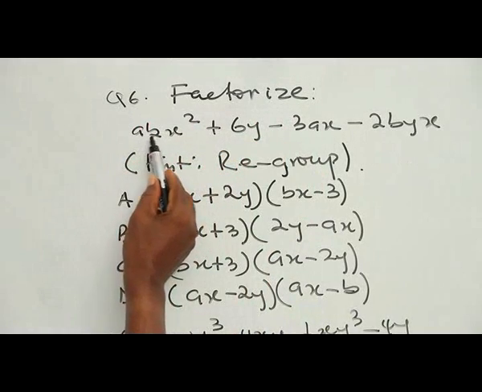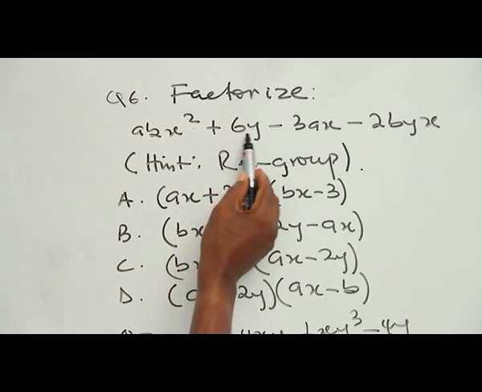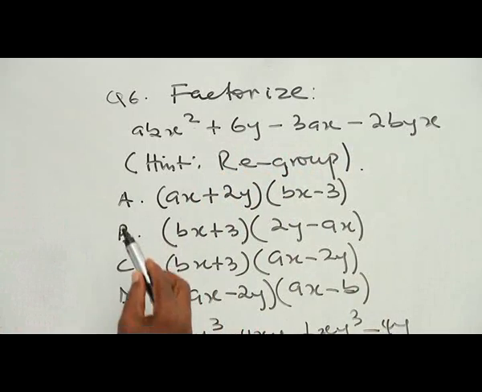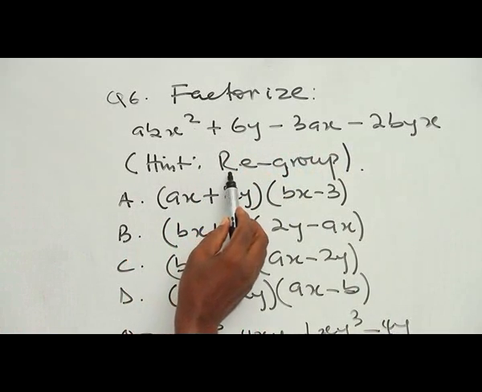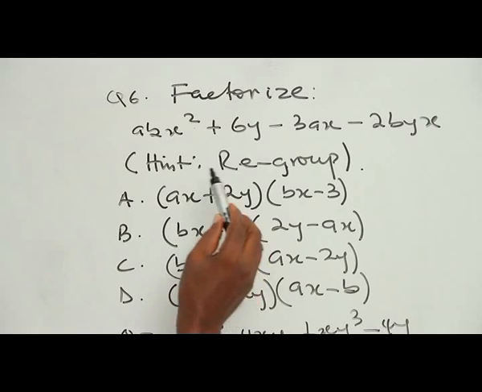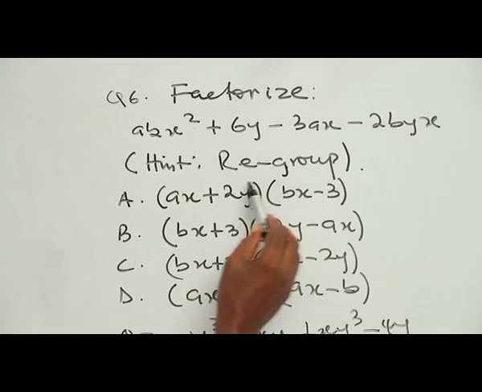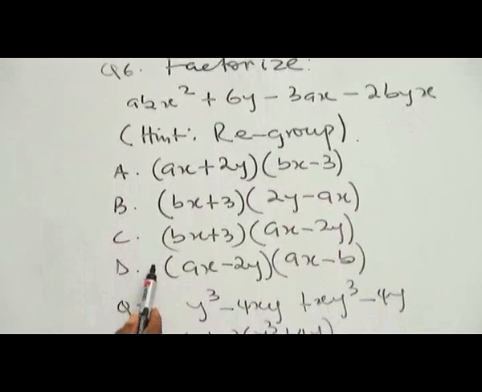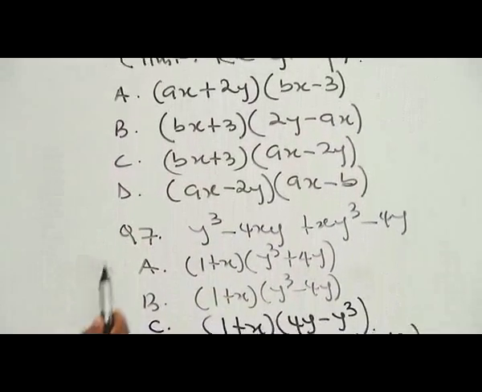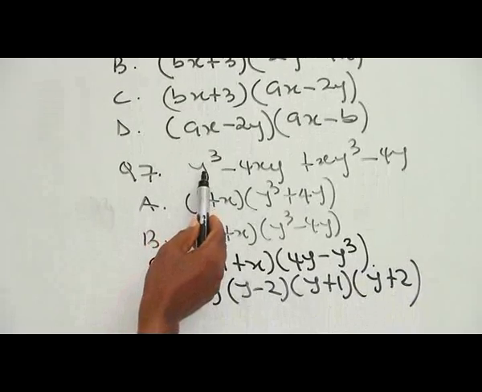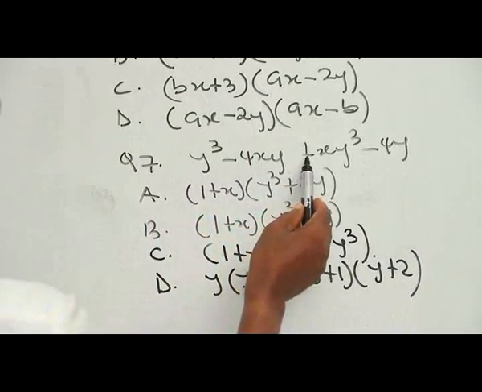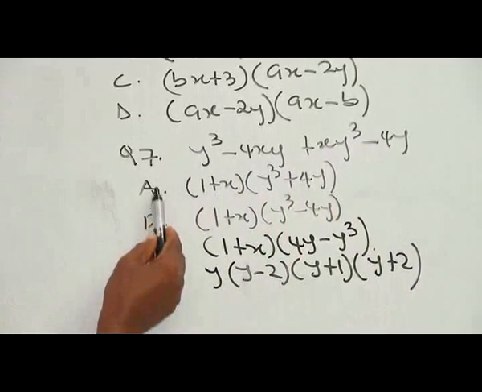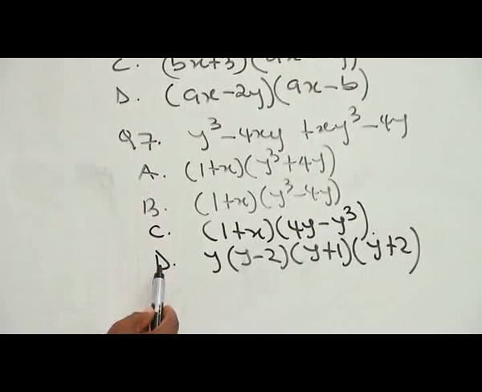Factorize abs squared plus 6y minus 3as minus 2bys. I give you a hint here. Regroup if the first grouping does not have a common factor. You have options A, B, C, D, where the answer lies. Question number 7. You have y cubed minus 4sy plus sy cubed minus 4y. The options are A, B, C, and D.